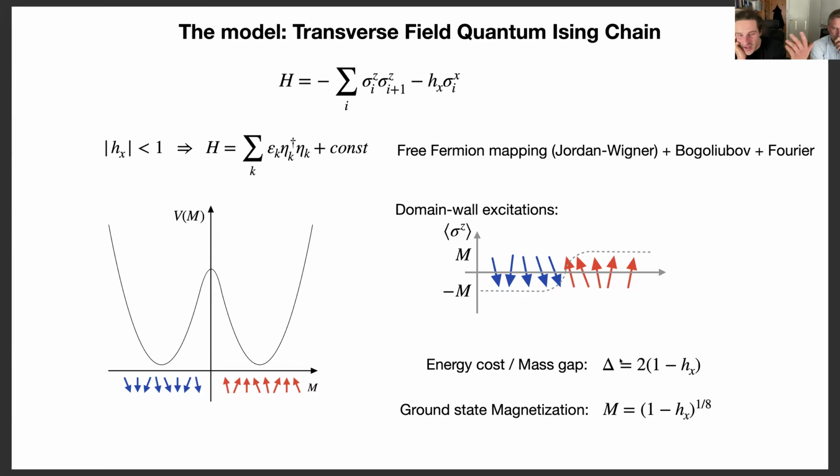But in this scaling limit you've described, what does the field theory look like? Do the X and Y values of the spin play any role? Not really.